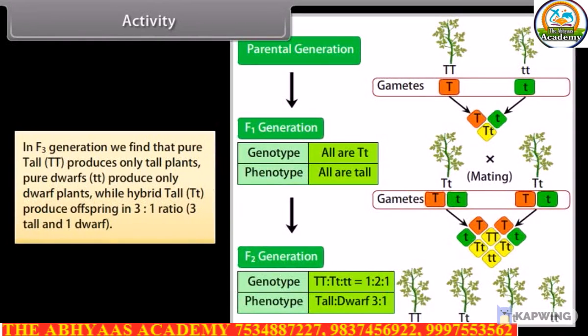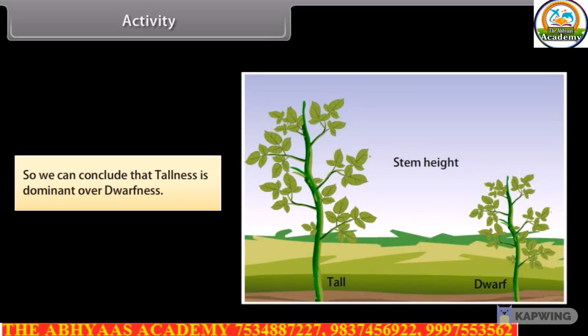In the F3 generation we find that pure tall TT produces only tall plants, pure dwarf tt produces only dwarf plants, while hybrid tall, Tt, produces offspring in a 3:1 ratio, 3 tall and 1 dwarf. So we can conclude that tallness is dominant over dwarfness.